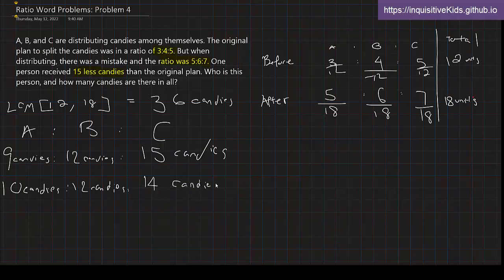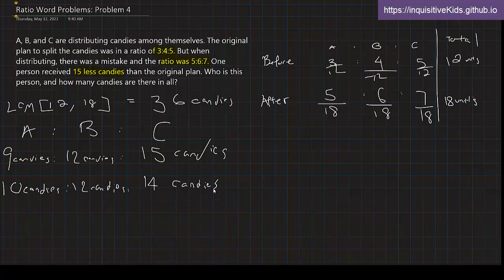Now that we have the exact number of candies, let's observe. A at first was supposed to be given 9 candies, but then it got 10 candies. C was supposed to have 15 candies, but now it has 14 candies. And B never changed. It was always 12 to 12.